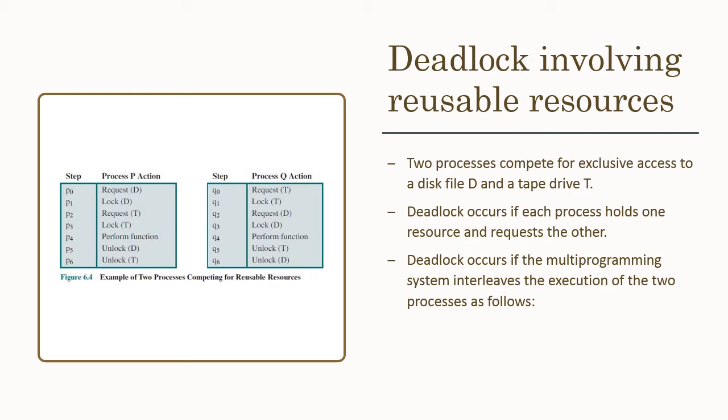Deadlock occurs if the multi-programming system interleaves the execution of the two processes as follows: P0 P1, Q0 Q1, P2 Q2.